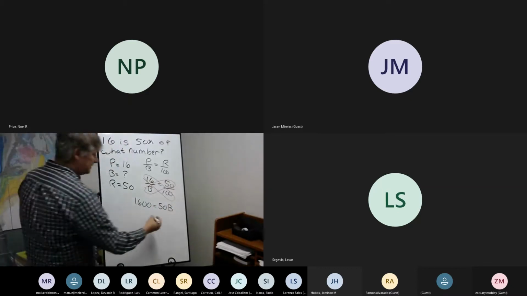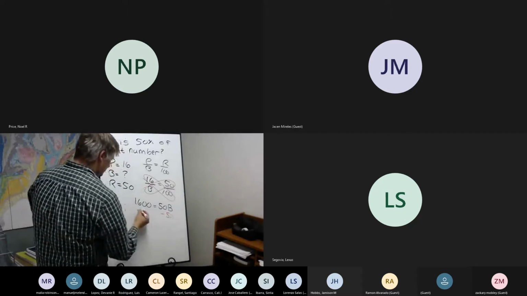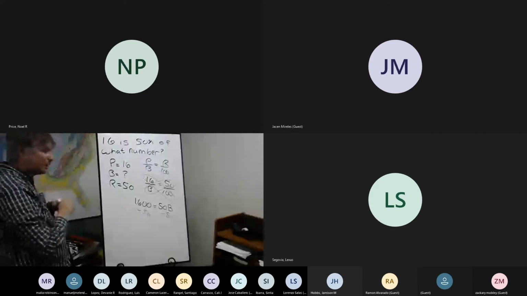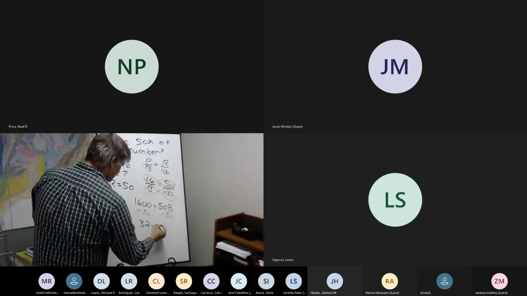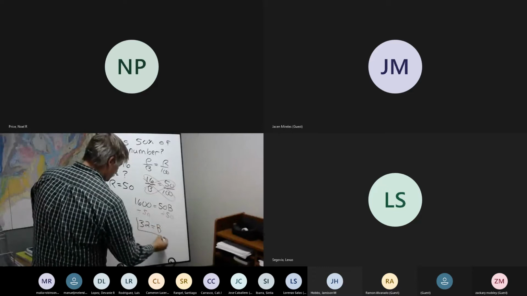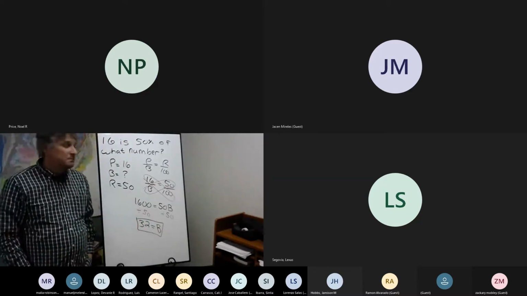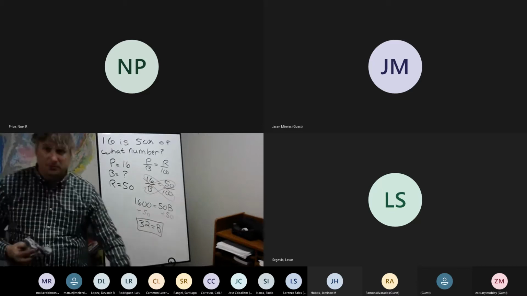Divide both sides by 50. And sure enough, we'll get a base of 32. So again, you have options when you do percent problems.